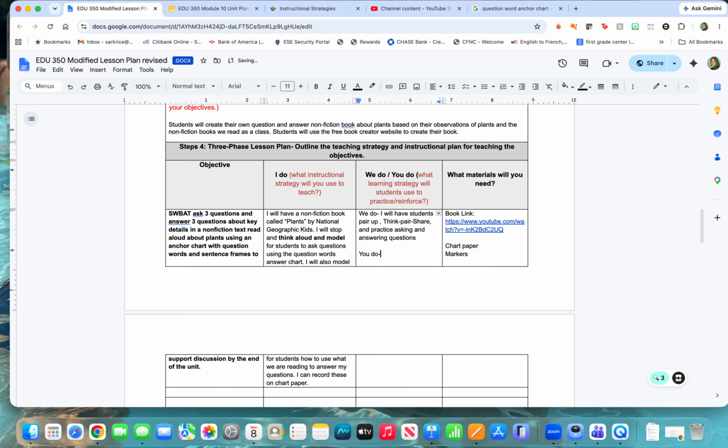And then the you do, I will give students an exit ticket with a question, and they can answer it with words or drawings. Because remember, kindergarten is just starting to learn how to write, so they might just be able to create a drawing and label it.